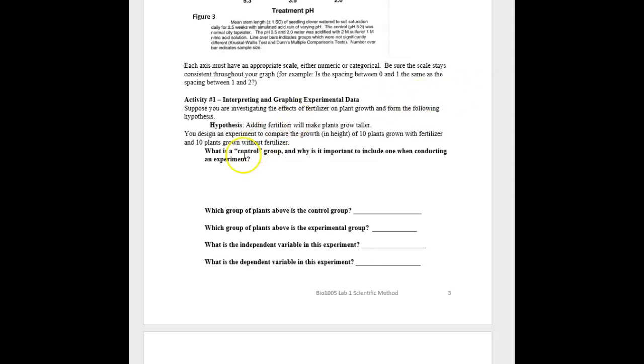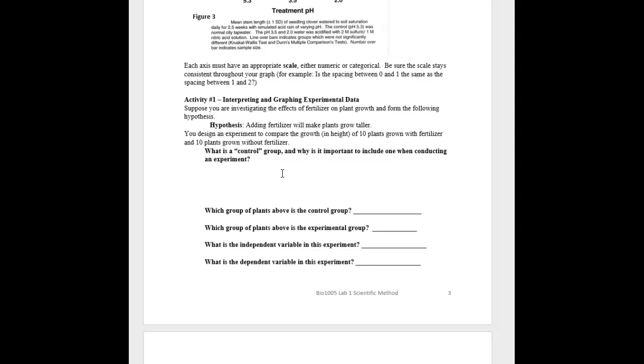So the first question that is asked here is, what is a control group, and why is it important to include when one conducts an experiment? So the control group is the group that we don't do anything to. This is the group that's going to match the experimental group except for one variable, and in this case that's going to be adding fertilizer.